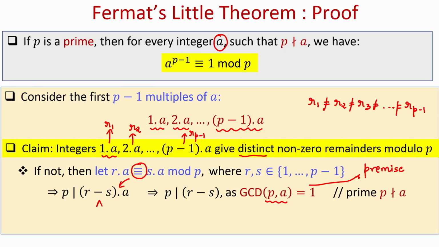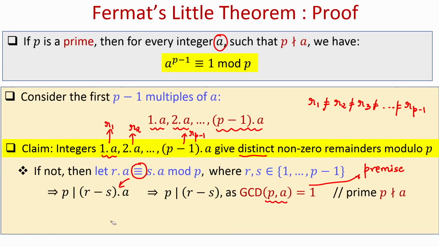So, you have two numbers capital A, capital B. You can imagine R minus S as capital A and small a as B. So, we have P divides the product of big A and B, but P does not divide big B. So, that is possible only if P divides big A, and big A is R minus S, right.